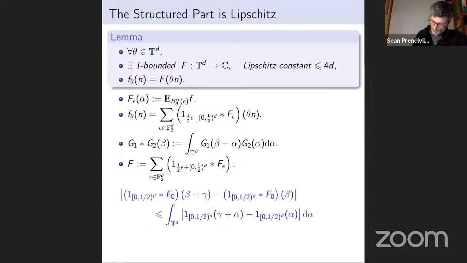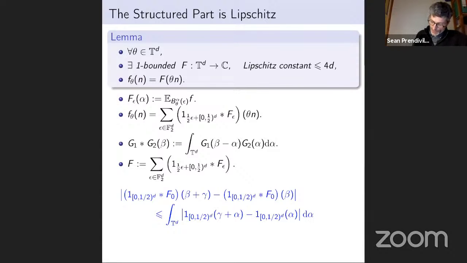Now, we can change variables and introduce a new parameter, so let alpha prime equal beta minus alpha. Remember, beta is fixed and alpha is ranging over the torus. And you can simplify this difference of indicator functions of boxes.